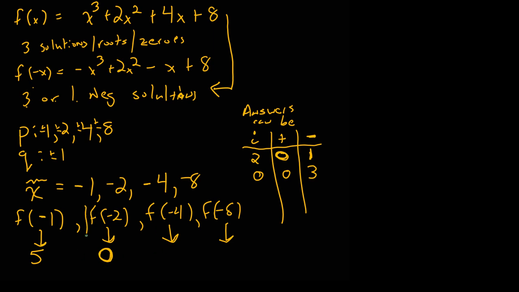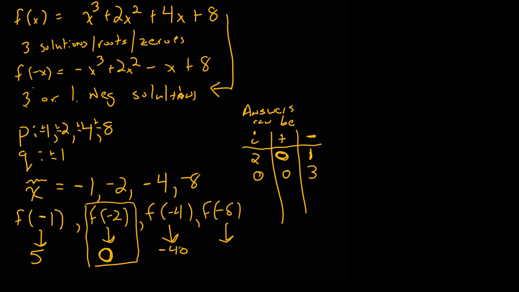And so I know one of my roots is negative 2. I want to up arrow and try the negative 4. And that gives me negative 40. And I'm pretty sure I put negative 8 in. It's going to be a bigger number on the negative side too, but I'll double check here.